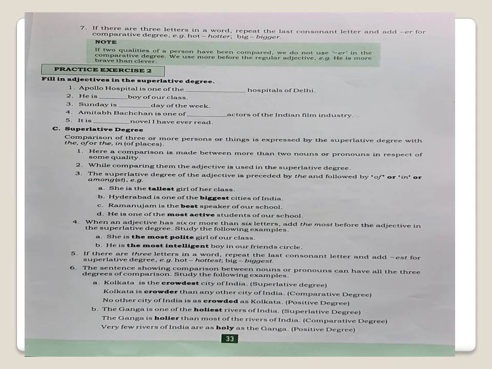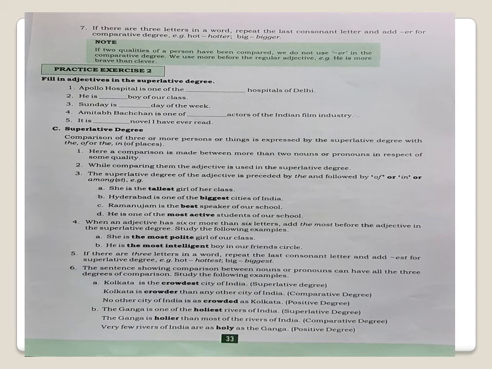When we compare one person with more than two or three, at that time we use the superlative degree. While comparing them, the adjective is used in the superlative degree. Like the base form is good, better is the comparative form, and then best. So in the superlative degree we'll use the superlative form of the adjective.